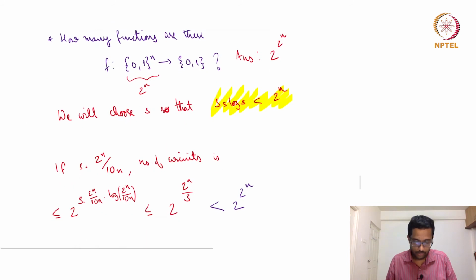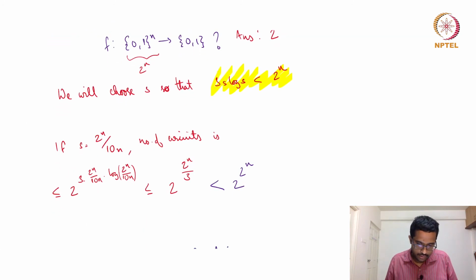If you choose S to be 2 power n divided by 10n, then if you compute 3S log S, it is 3 times 2 power n divided by 10n, times log of this, but log of this can be upper bounded by log of 2 power n, which is just n.